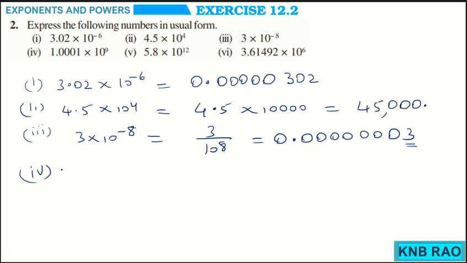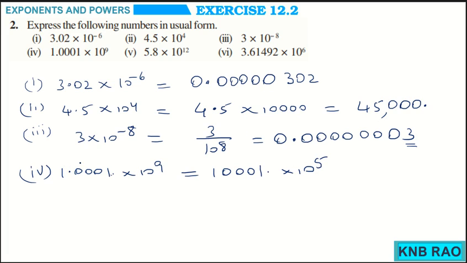Now coming to 1.301 into 10 power 9. First I am shifting from here to here. To do that, I have used 10 to the power 4. Now it is left over with 10 power 5.